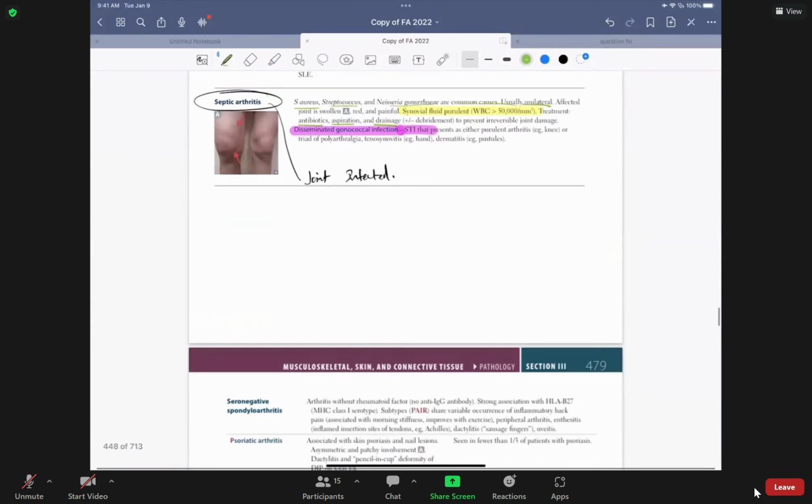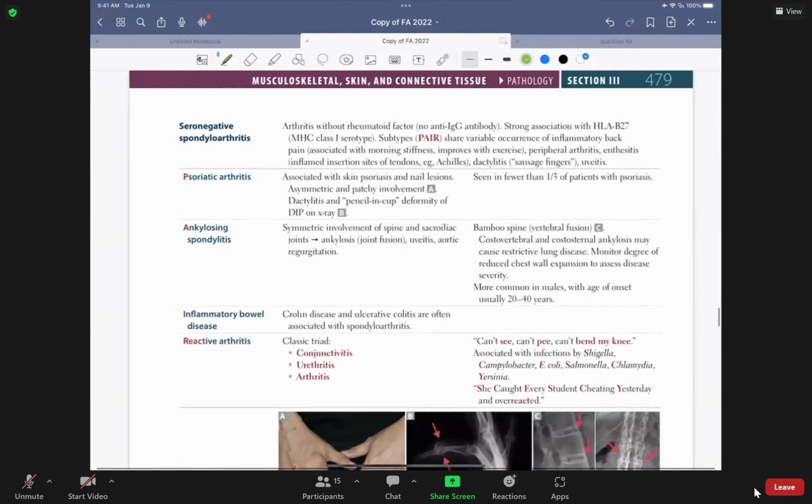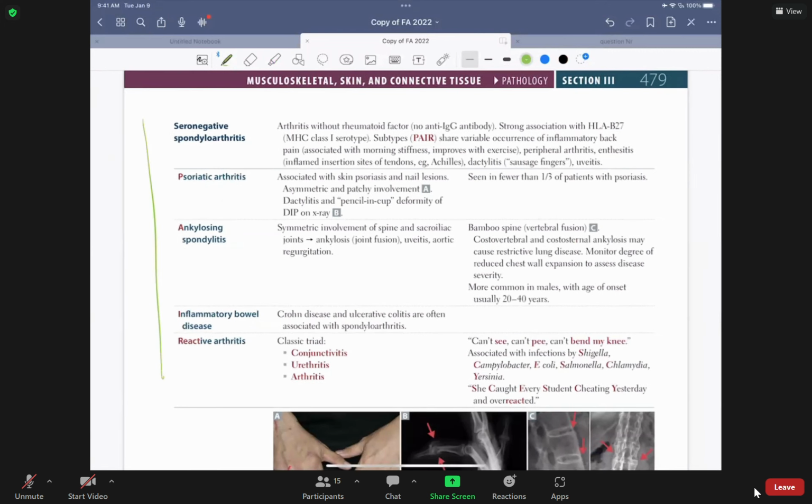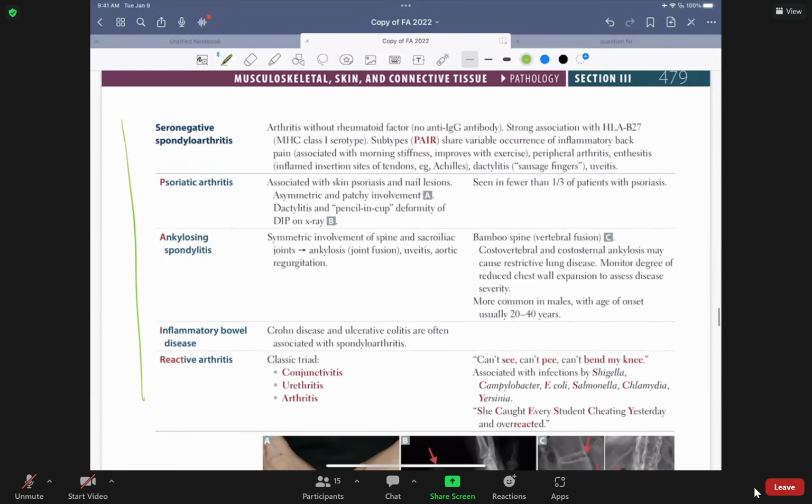Okay. Let's go to this one. Super high yield. There are 4 diseases in here. These diseases are called seronegative spondyloarthropathies, right? What does seronegative mean here? Now, remember, when we studied rheumatoid arthritis, there was a rheumatoid factor, isn't it, folks? What is rheumatoid factor? It is an antibody.